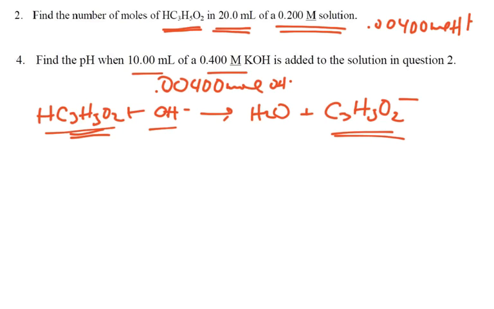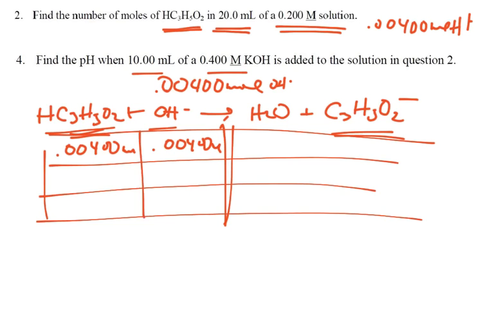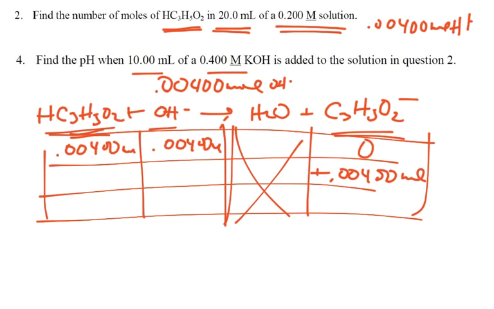And that's the key ingredient here. So how much am I going to make? Well, if this was 0.00400 moles and this was 0.00400 moles, I was trying to skip this icebox, but I think I need it. Then you can see what's going to happen. Both of these are going to get totally used up, and I'm going to make 0.00400 moles of my propanoate.